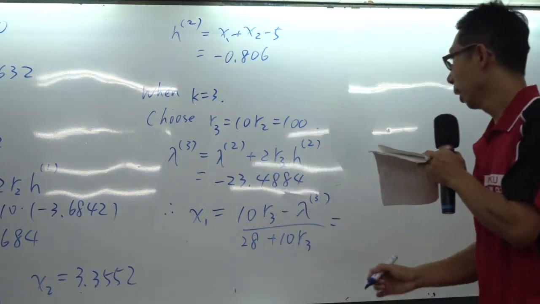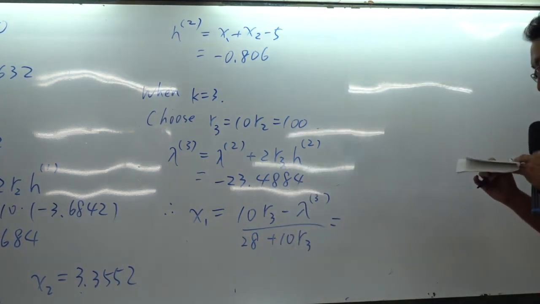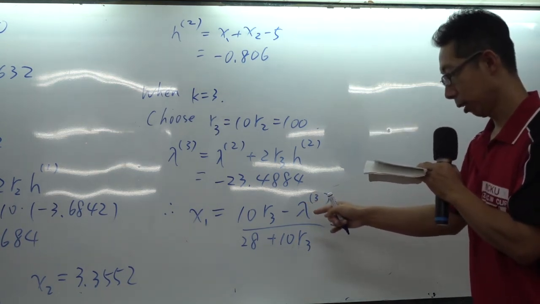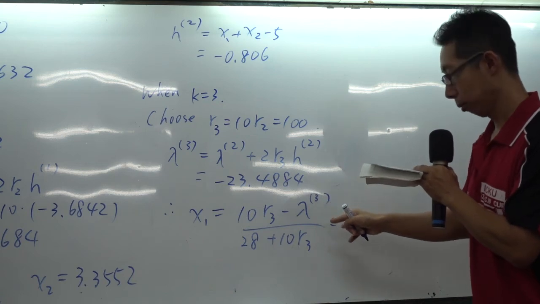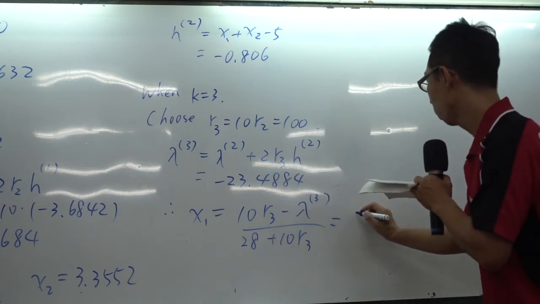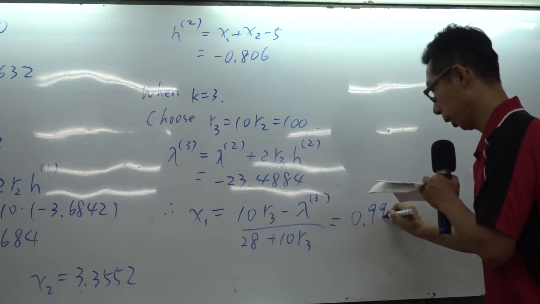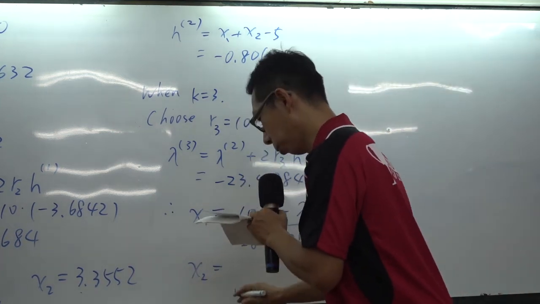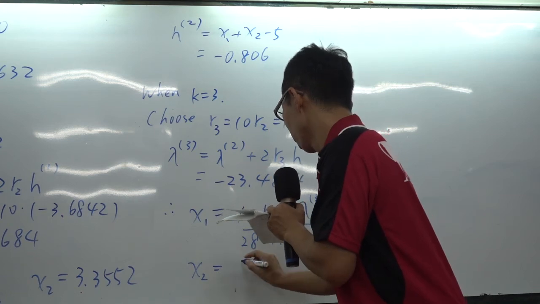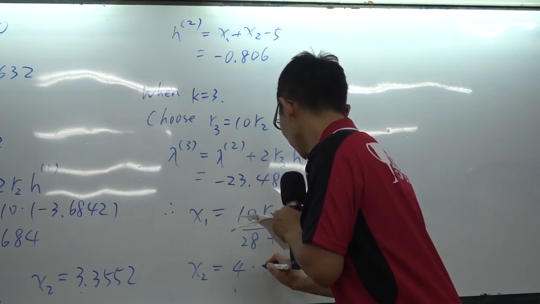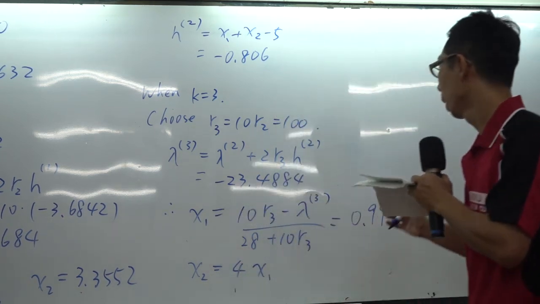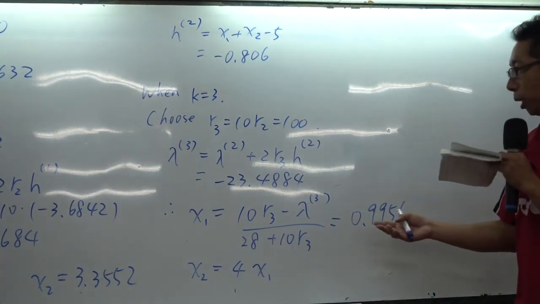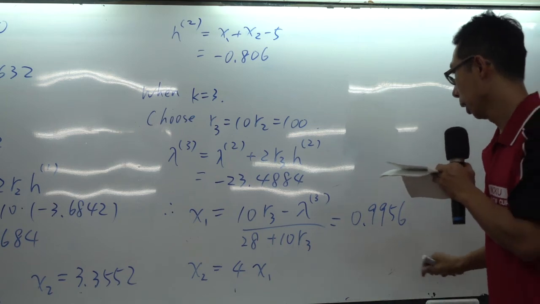And it is very close to 1, 0.9956, and x2 is just 4 times x1. And it's actually very close to the real solution.